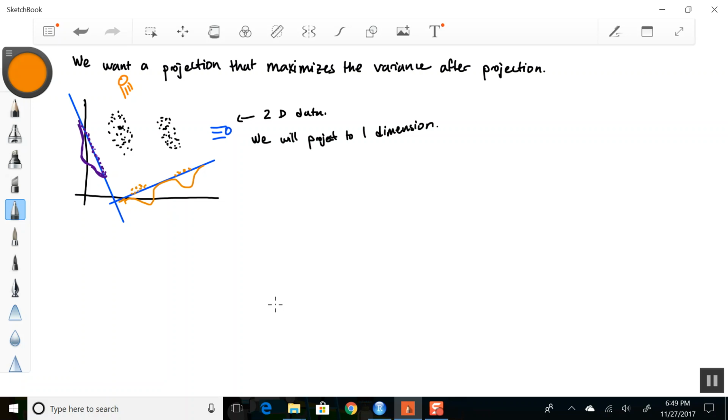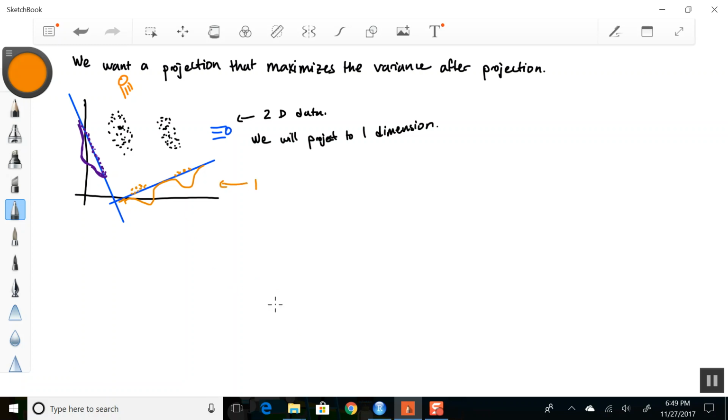Because variance is the kind of average distance from the mean, and clearly in this one, there's hardly any data that's right at the mean in the middle. There's very few points that have small distances from the mean. Almost all the data has moderate to high distance from the mean. And so this one will have more variation.